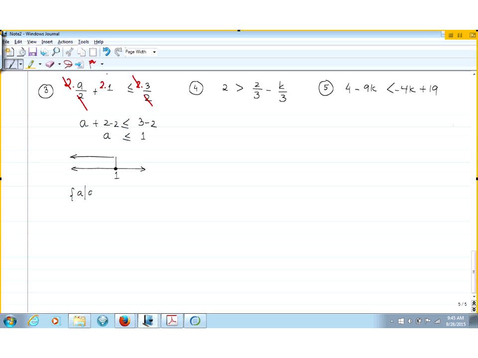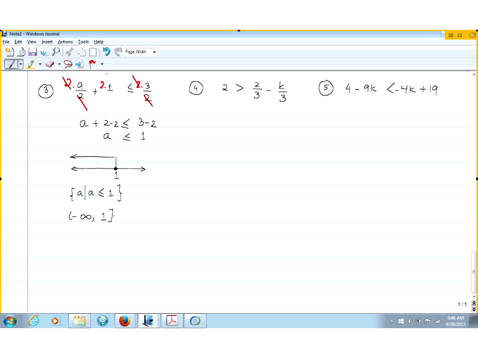My set builder: A such that A is less than or equal to 1. And my interval notation: negative infinity, comma, 1 bracket. Yes. All right. Good. Doable? Okay. Now, number 4.